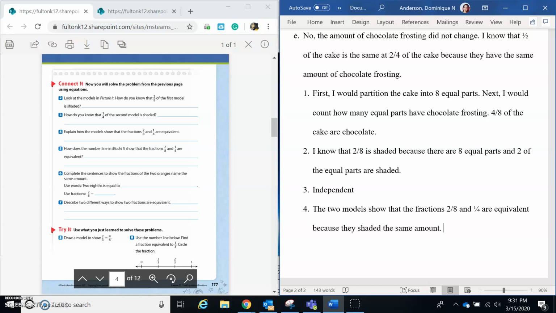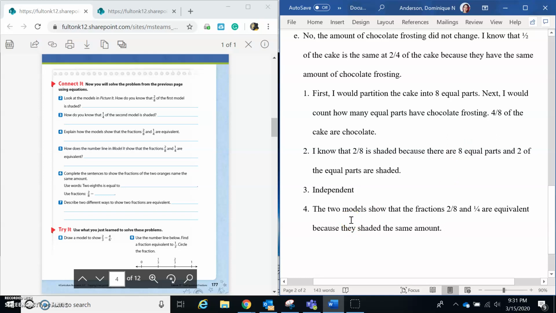Not the same fraction, because there are two different fractions, but they're equal because the same amount of space is shaded in on that circle. Oh, and I'm sorry. Yeah, that was right.